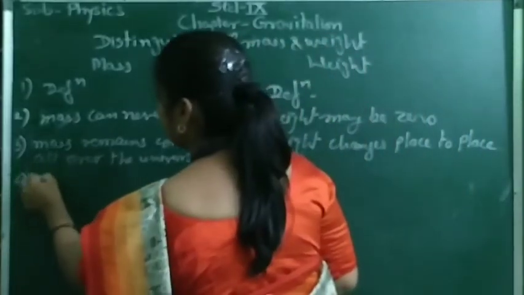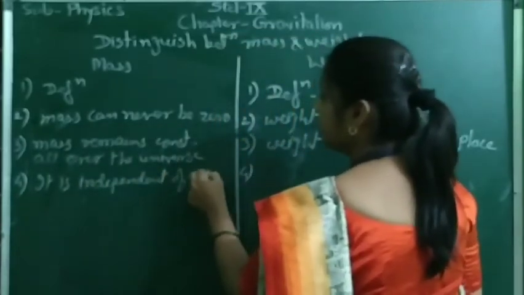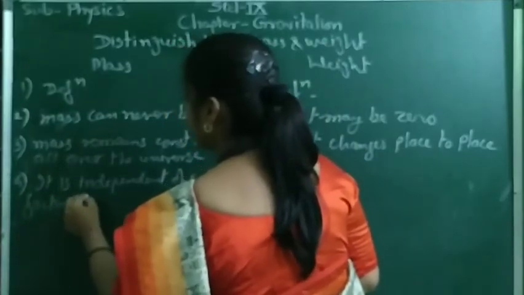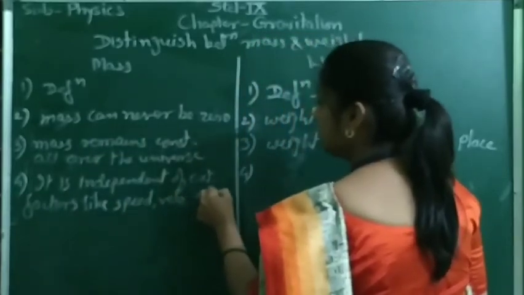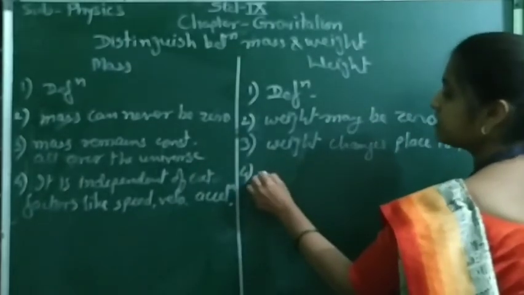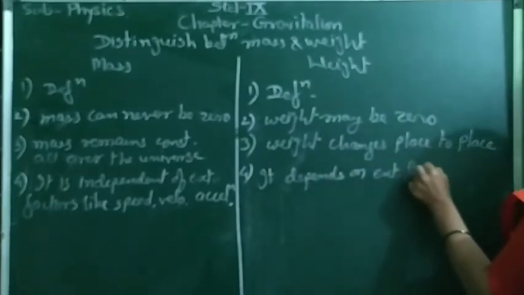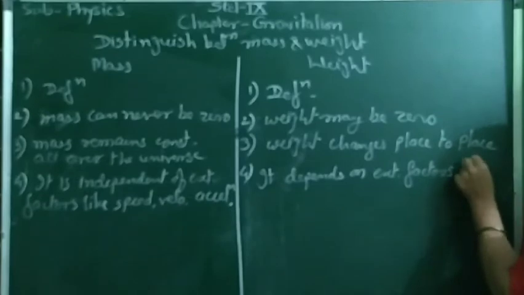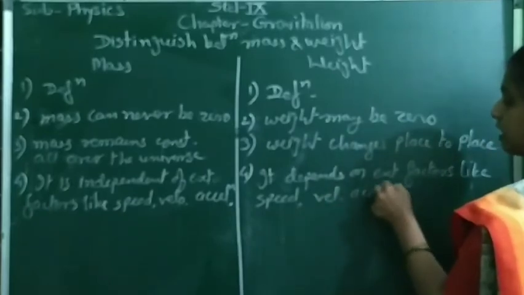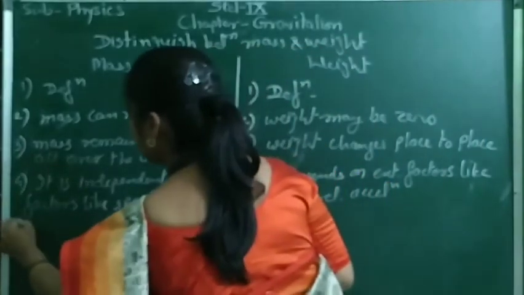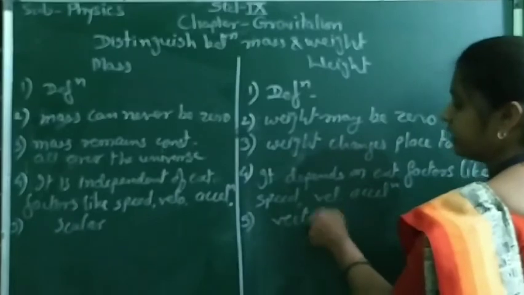So here it is independent of external factors like speed, velocity, acceleration, etc., and here we say that it depends on external factors like speed, velocity, acceleration, etc. Then fifth point, mass is a scalar quantity and weight is a vector quantity.